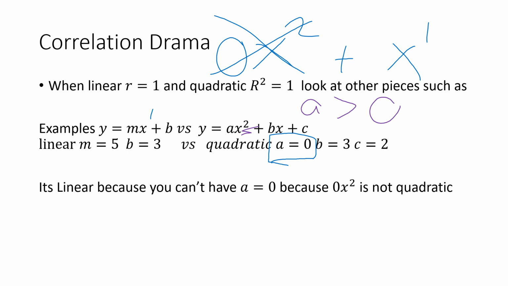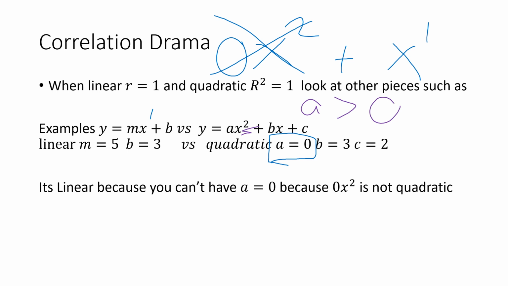Again, when you have a situation when linear and quadratic are both 1, look at the quadratic. If the quadratic has the coefficient a being 0, that is not quadratic, because it makes the term disappear. I know I said 1, but that's not the case. 0 to any power is 0. So that's what happens.